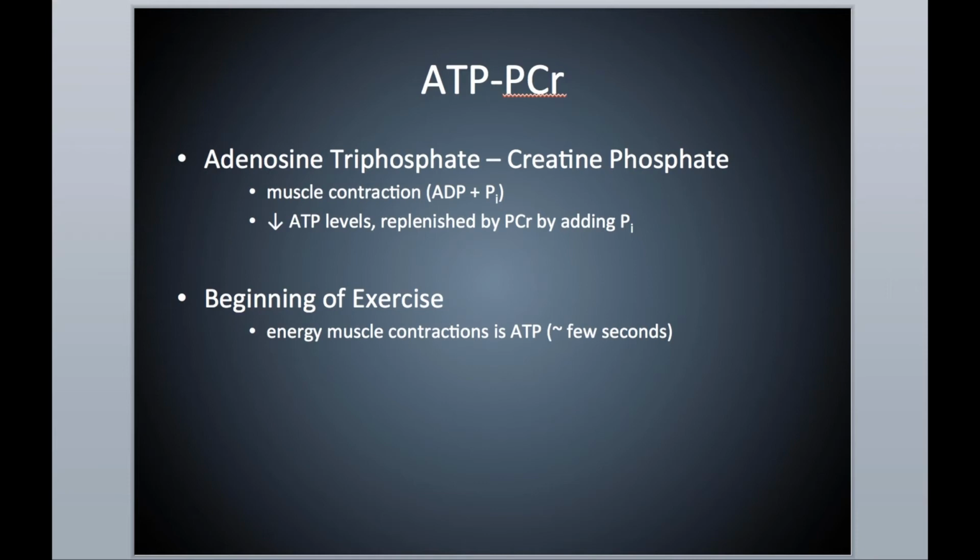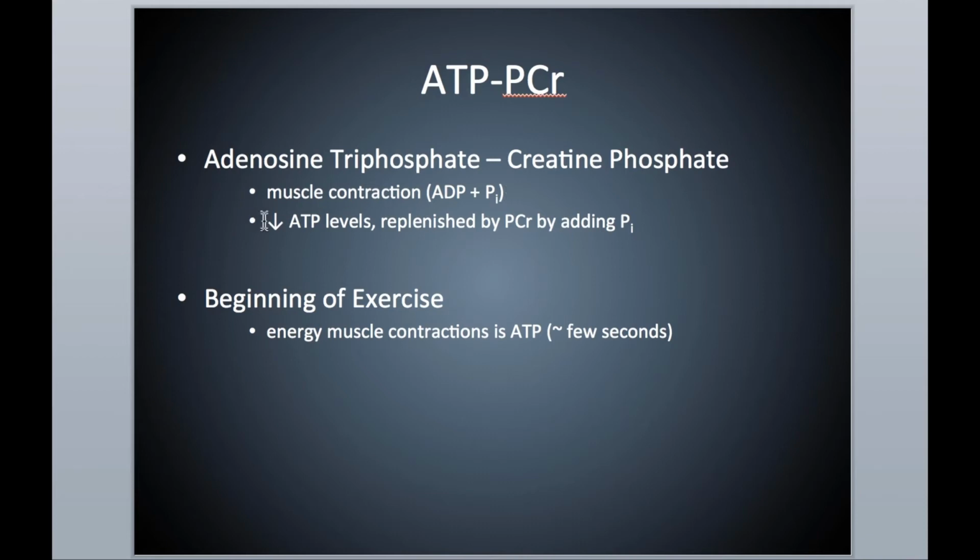Adenosine triphosphate has an adenosine, and then three phosphate molecules attached to it. When we break it apart during muscular contraction, we are left with adenosine diphosphate. That's where the D comes from, and one of those inorganic phosphates. Then we transfer that energy into some form that we can use.